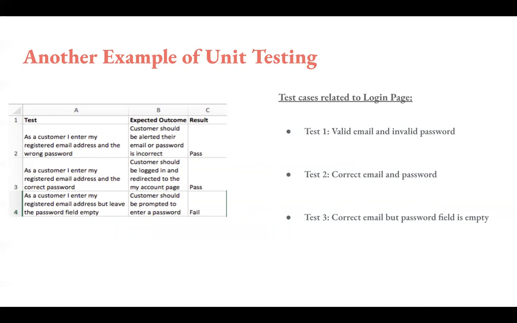The second test case covers the positive scenario when both email and password are correct and the customer is able to log in and is successfully redirected to the accounts page. The third test case is when the correct email is entered but the password field is blank. Then the customer should get an alert to enter the password. These are basic examples so that you can have an idea of what types of tests are written in unit testing.